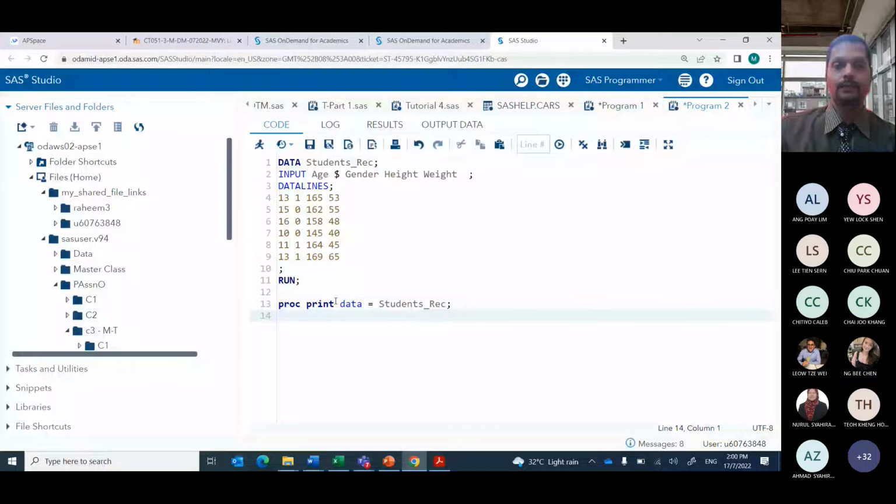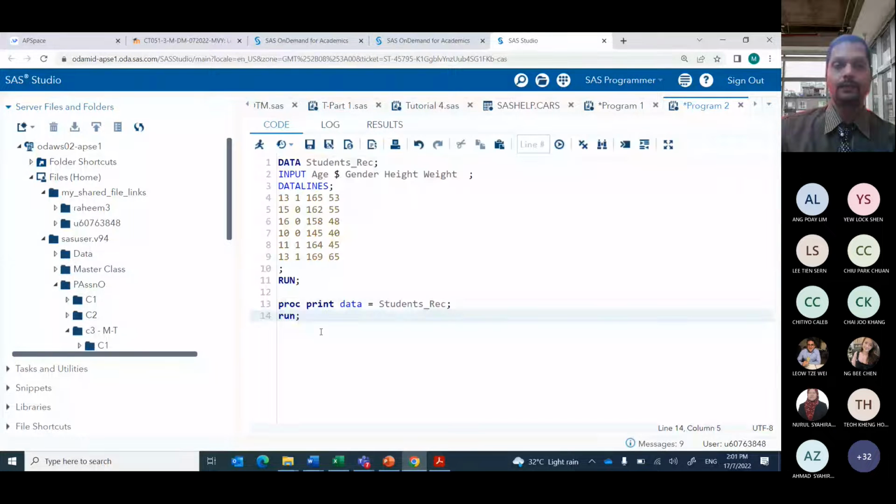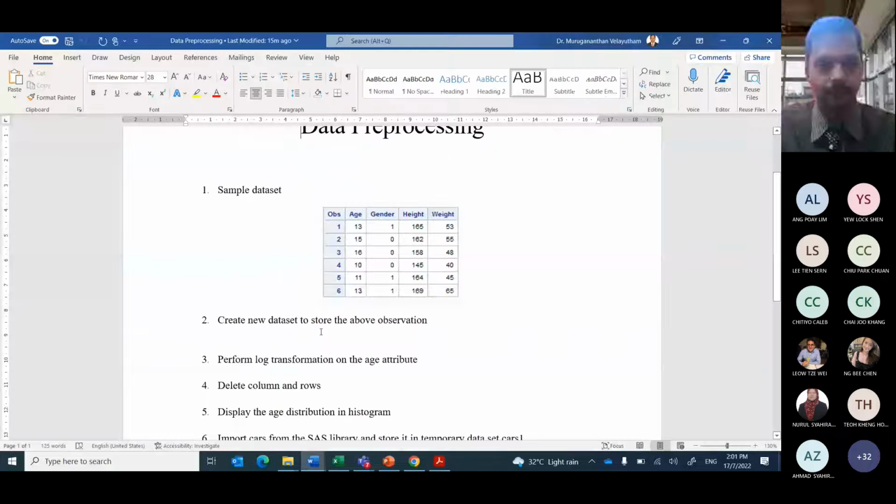So perform log transformation on the age attribute. Are we able to do that?